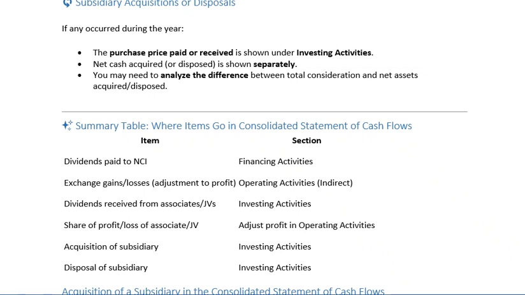Then also we have share of profit or loss of associate. That one will be adjusted for in our operating activities. Then also acquisition of subsidiary. A subsidiary is an investment, so acquisition of that subsidiary is also an investment. Then also disposal of subsidiary is also an investment. Please, if you have any question, don't hesitate to ask.